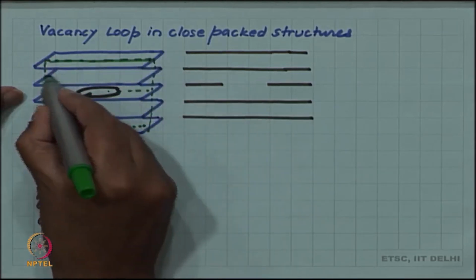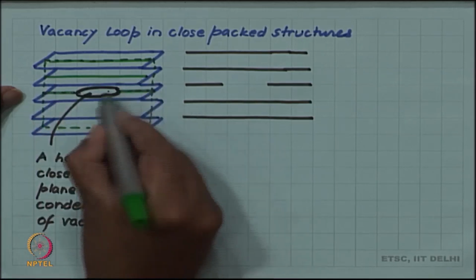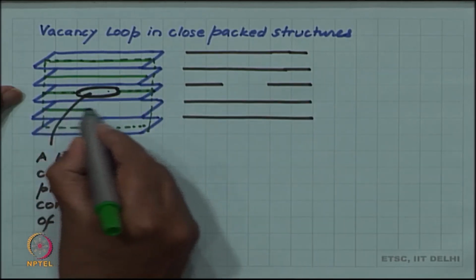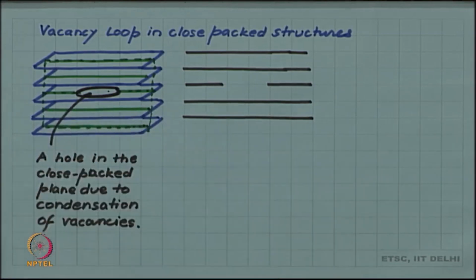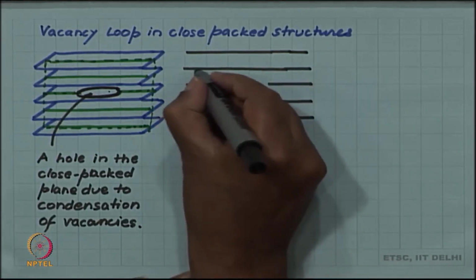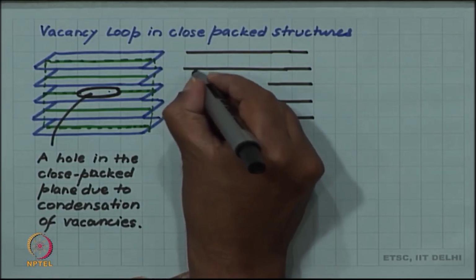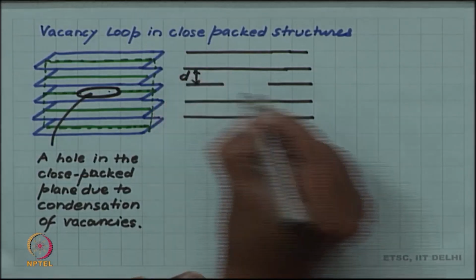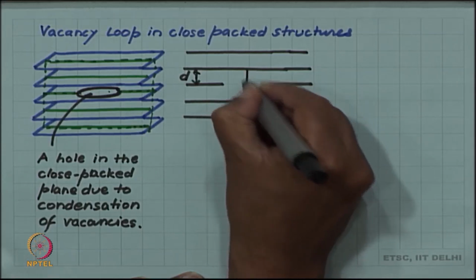I get this line and then this line will be having a hole in between, and then this line and then this line in this vertical green plane. You can see now that the plane spacing, which was d here, has suddenly become 2d through the hole.